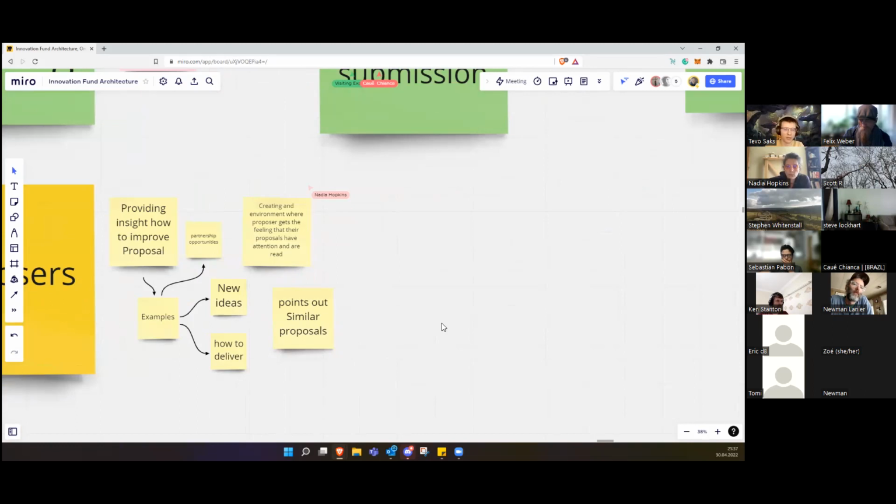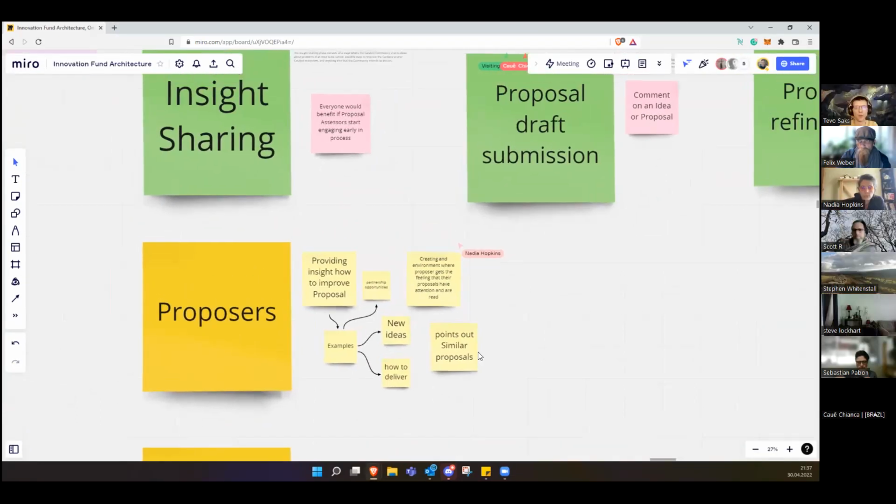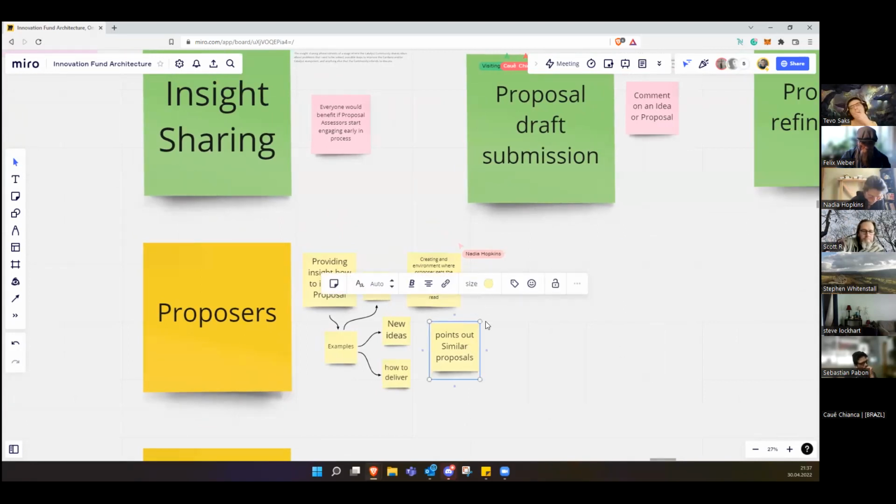I think there's potentially a conflict of interest there, because a community advisor assesses the proposal once it's frozen, once it's in the final state. What we're talking about is prior to that, and I think there are different interests at play here. There's also a different incentive regime. The CA is incentivized at scale.